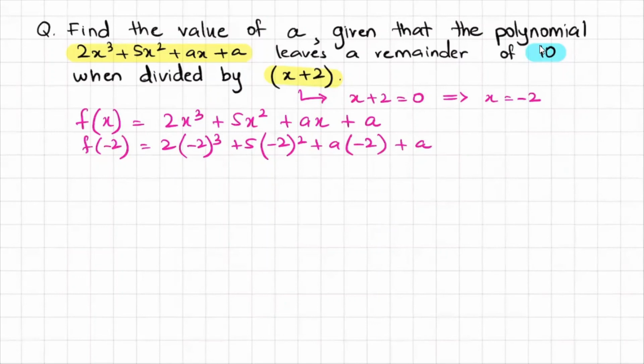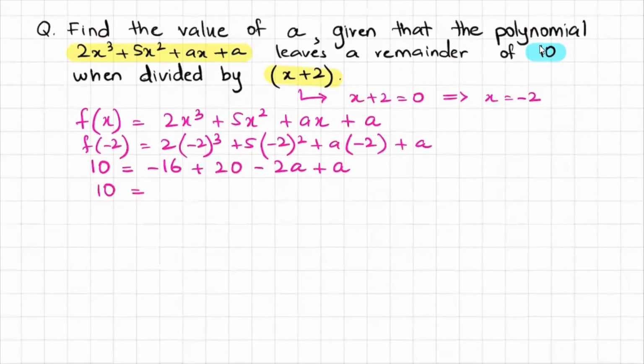The remainder is 10, like they said, so let's write 10 in place of this. 10 equals minus 16 plus 20 minus 2a. You remember I told you that brackets are very important here. This is why I said that. Let's simplify. 10 equals 4 minus a. So 6 equals minus a, which means a equals negative 6.